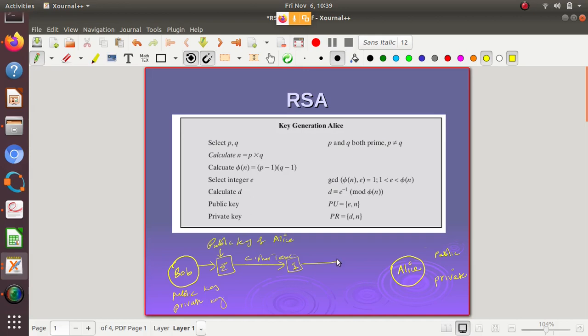Then that will be received here, and the cipher text will be decrypted. This will be available to all, but it can be decrypted only with the private key of Alice. This is encryption and this is decryption.